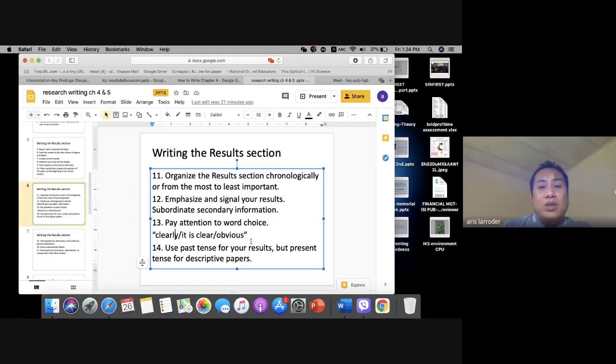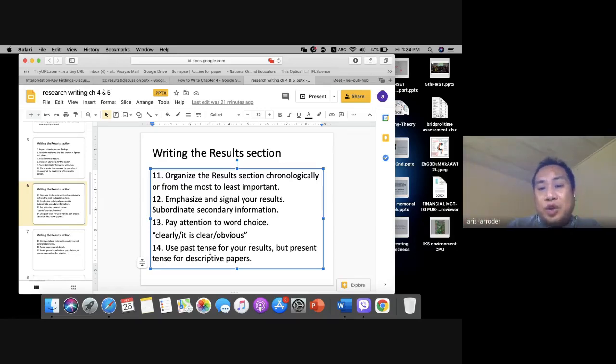We avoid the use of these words because the result may not be obvious to the reader. It might not be clear. So you don't tell them that it is clear. You write so that it would be obvious and clear to the reader.